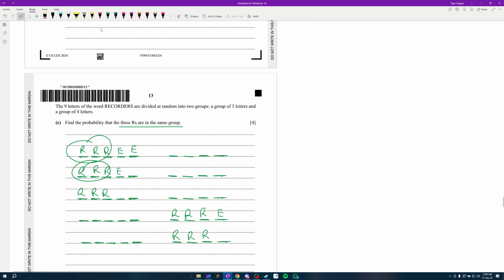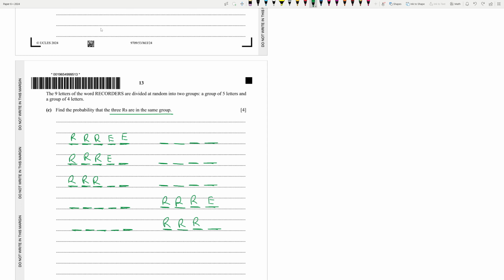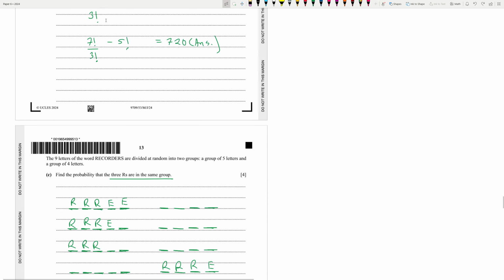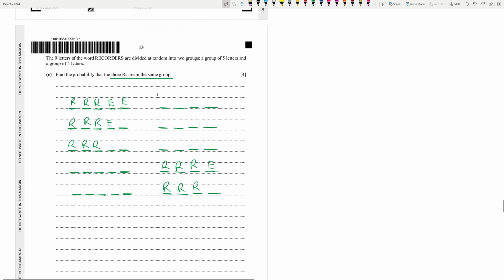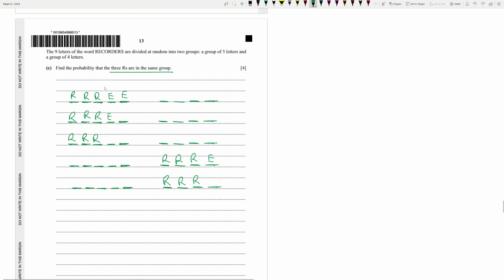That is why I kept all 3 R's together all the time. But why am I making special consideration for the E? Because it's the only letter which repeats in RECORDERS except R. We can ignore R because they're in the same group. But you cannot ignore E, because you can treat C, O, D, S the same since they don't repeat, but you cannot treat E the same because it repeats. That's why you need to make a special consideration for the group of 5 and for the group of 4 over here.